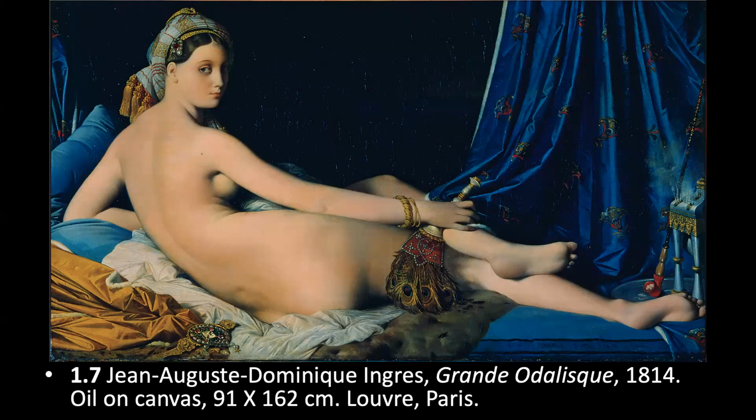This is Ingres, and believe it or not, that's how you pronounce his name, or Ang even. And it's his Grand Odalisque. In this one, you can see some elements that are romantic. Romantic artists like to have so-called, and I'm putting air quotes up, exotic things.